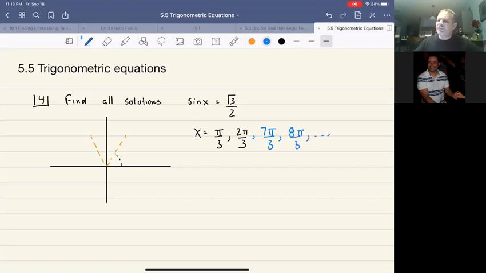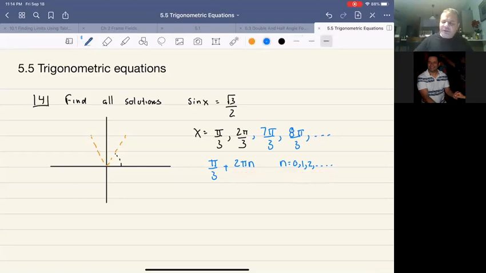So we don't actually write it like that. We don't list them all off. What we write is pi over 3 plus 2 pi n, and we say n equals 0, 1, 2, dot, dot, dot. I don't even think you need all of this, but you do need this.